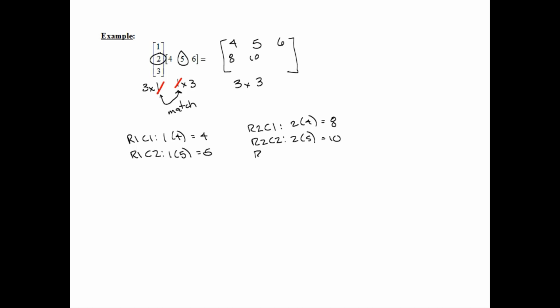And then for row 3, column 3, here's row 3, here's column 3, which is 18. Actually, I meant to do row 2, column 3 next, but that's okay. This is row 3, column 3, so where will that go? Right here.